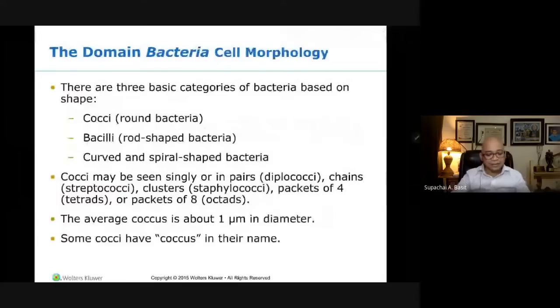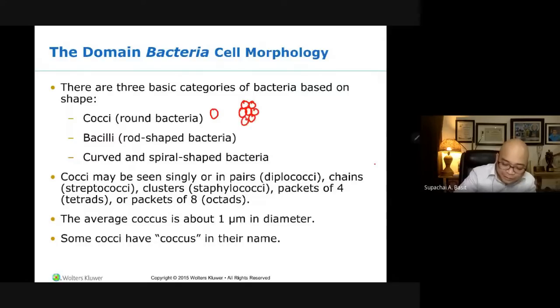Okay, so let's discuss them one by one. There are three basic categories of bacteria based on shape. Cocci is the plural, coccus is the singular form. So this is a coccus, and these are the cocci.